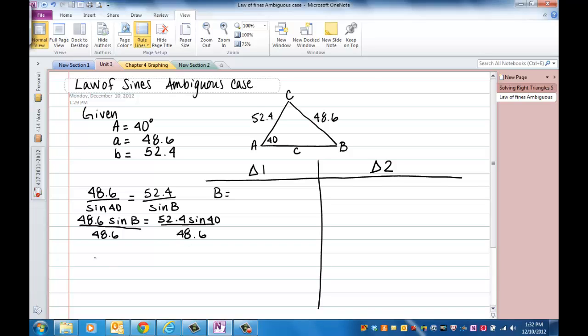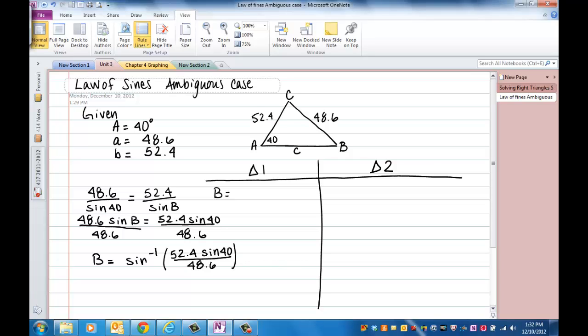And in your calculator, to solve for angle B, you need to use the inverse feature and type things in as you see it. You've got 52.4 times the sine of 40. Make sure you close your parentheses after 40 because you want this entire numerator to be divided by 48.6.